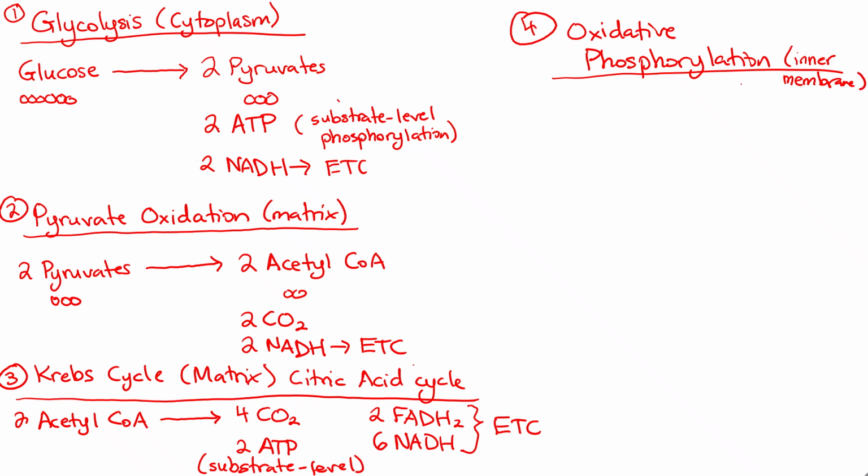Now, we have, again, 2 parts to it. The first part, and I'm going to draw a bullet point, is the ETC, or the electron transport chain. So I'm going to describe it. Electrons move to build up a proton gradient.